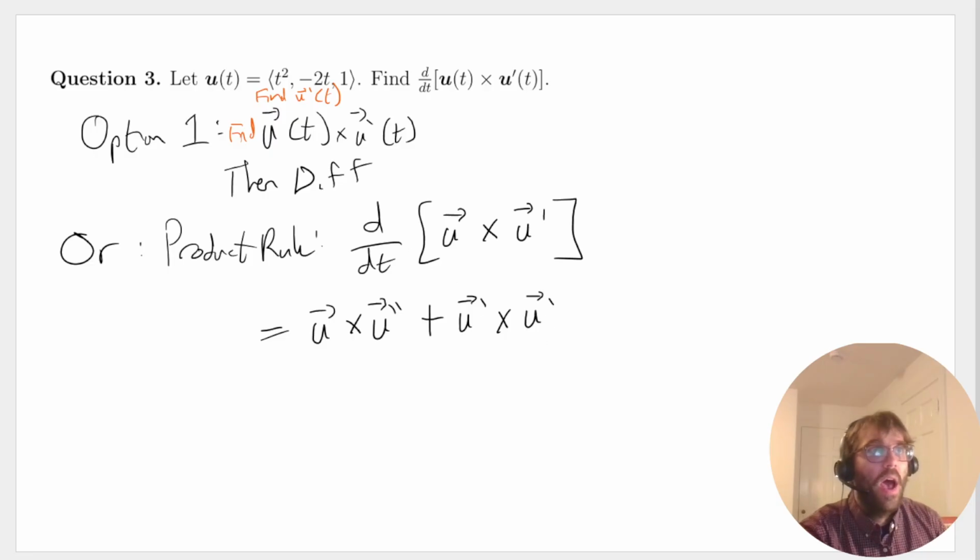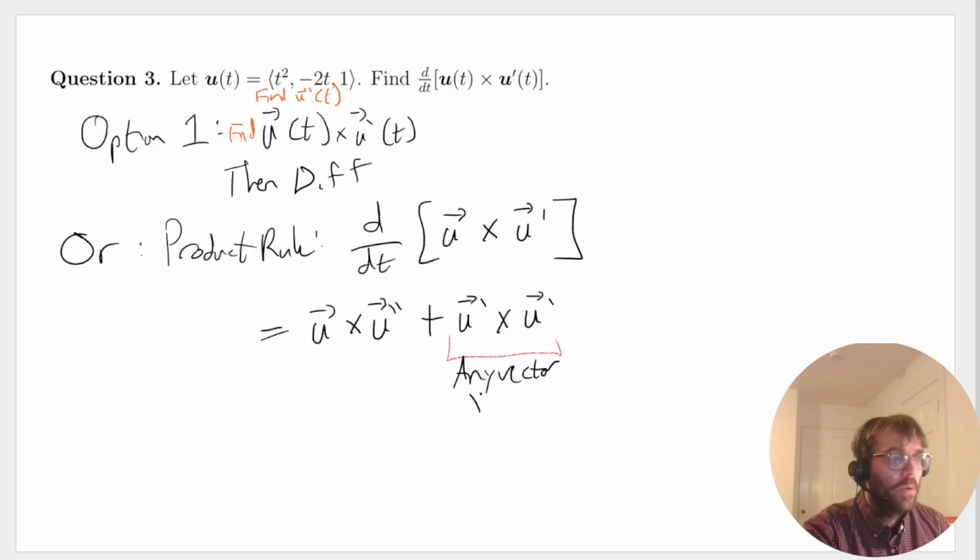There we go. I also want to point out that from our properties of cross products, any vector cross itself is 0. In fact, any parallel vectors have cross product 0. And so this will just be u cross u double prime.